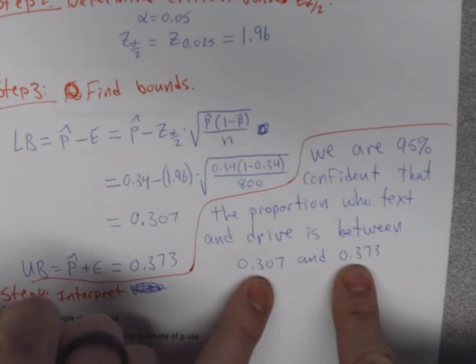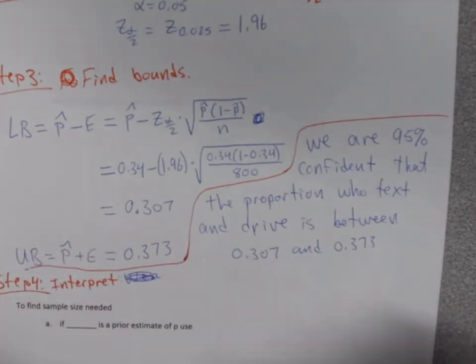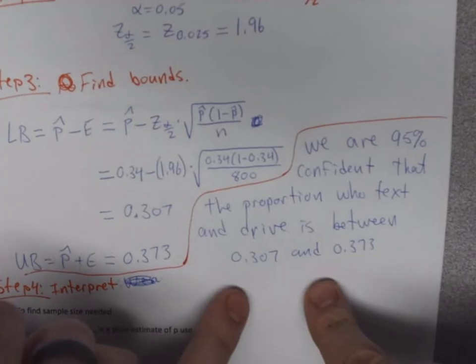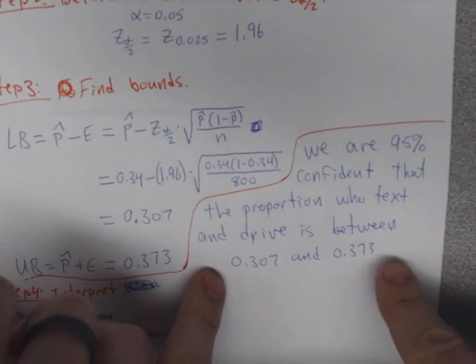If we did another sample of 800 people, we would be 95% confident that that proportion would lie between these two numbers. If we did a third sample of 800 randomly selected drivers, we would be 95% confident that that proportion would lie between these two numbers. So the 95% is saying that we expect 5% of those samples of 800 randomly selected drivers might lie outside of here.